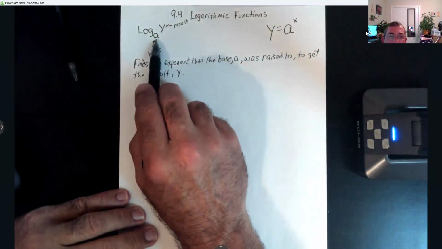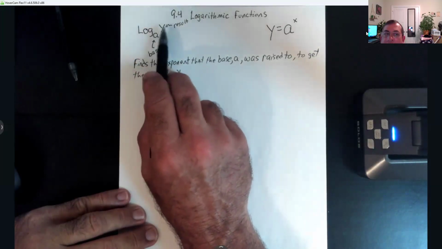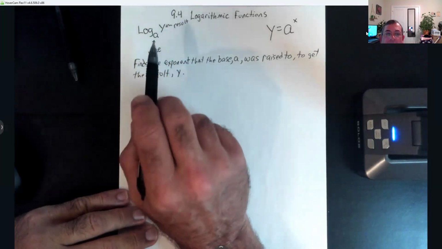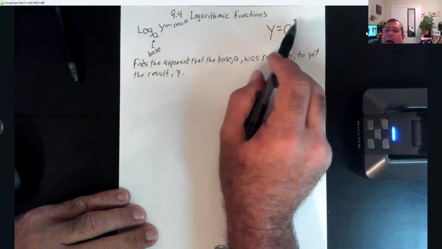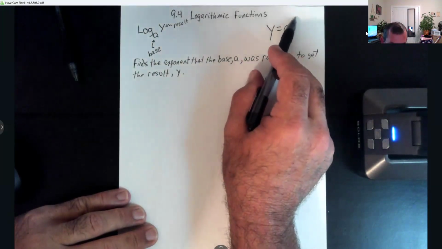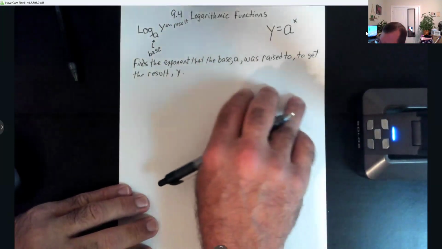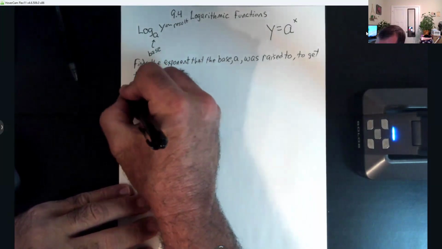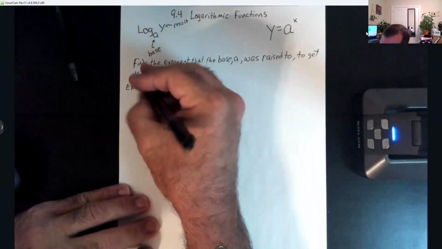So I know the base. I know what the result of multiplying the base was. This will find me that exponent that this base was raised to. It finds you the X. Okay. Now, I'll show you these on the calculator in a second, but I just want to play with y'all a second to see that you got this idea down.